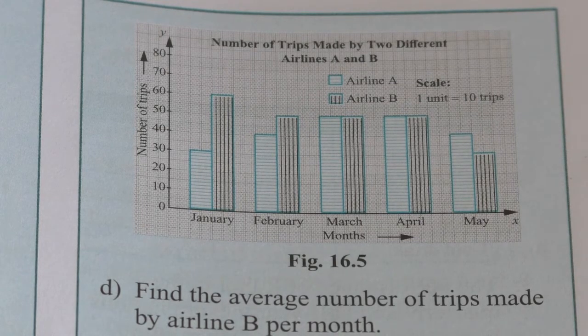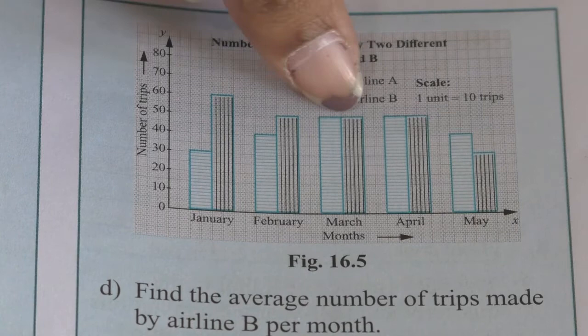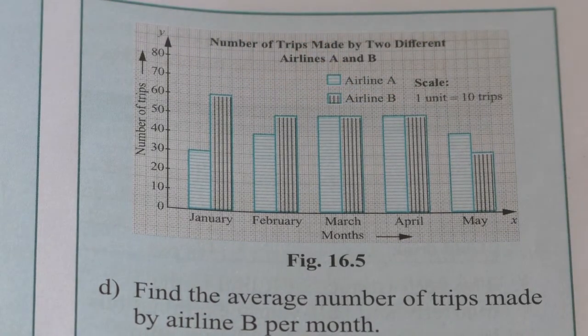If you count, the total number of trips made by airline A during January to May is equal to 210. The third question is, in which 2 months did both the airlines make the same number of trips? If you observe, it is clear that in March and April, both the airlines made the same number of trips.